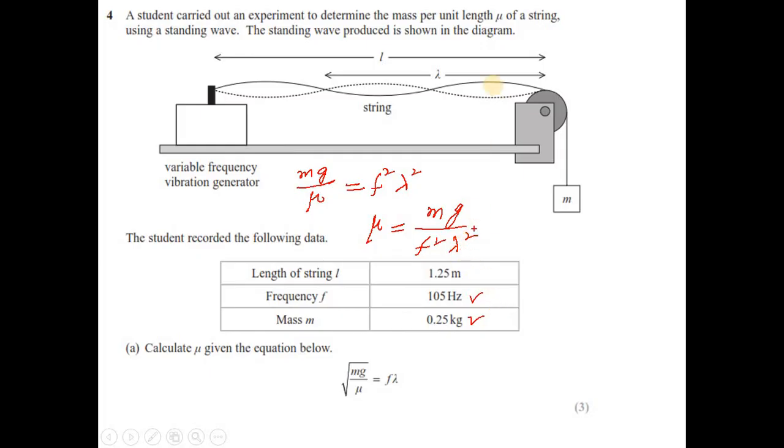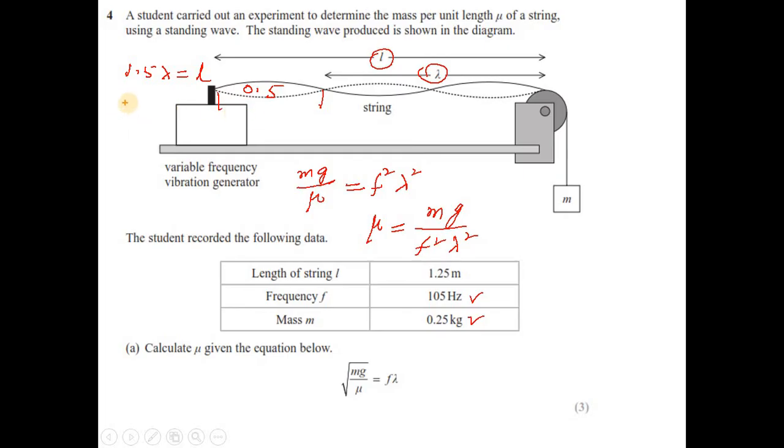But if you see, this is the standing wave. So from the diagram, we know that we have 3 loops, and we have a relation between length L and the wavelength. So we can say that 3 loops mean this is 0.5 lambda, so we have 1.5 lambda equal to length.